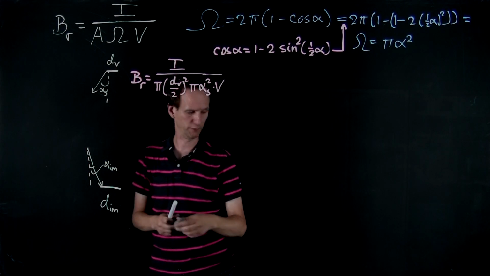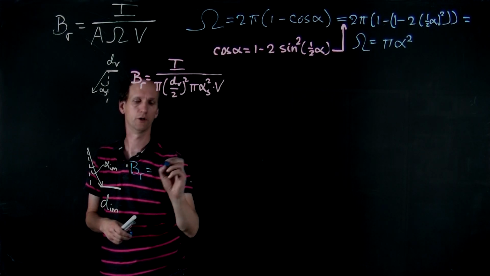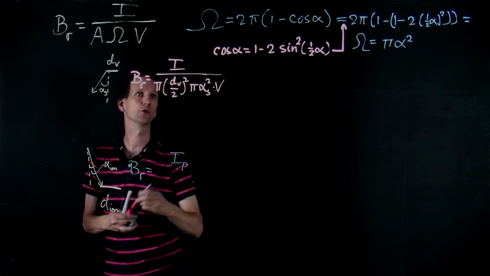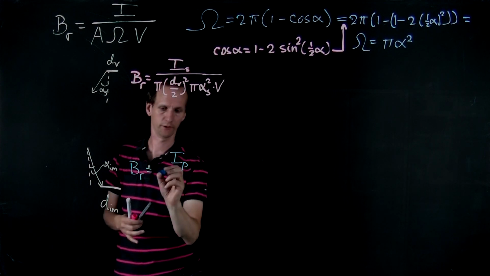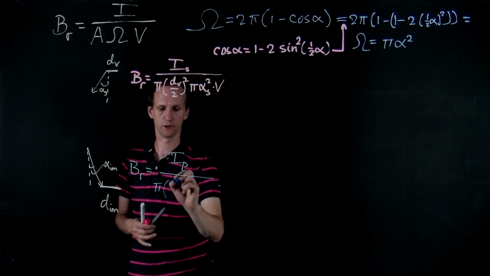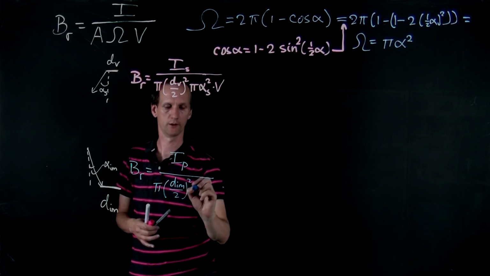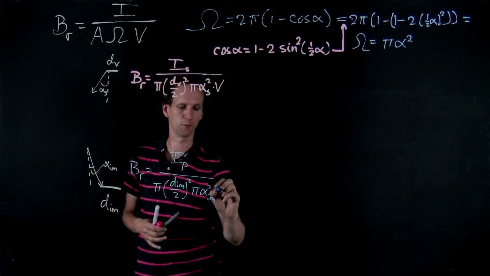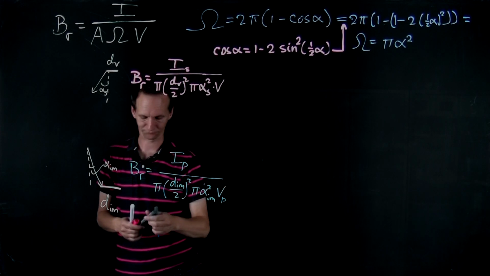In this case the reduced brightness is equal to the current in the probe, I_P. Of course this was the current that was extracted from the source, so the source current, divided by pi times d image over 2 squared, times alpha image squared, times the probe voltage.